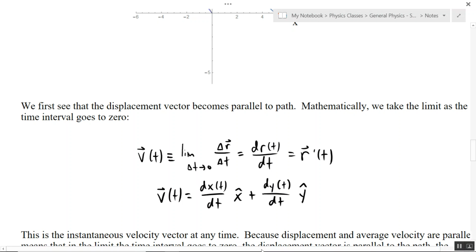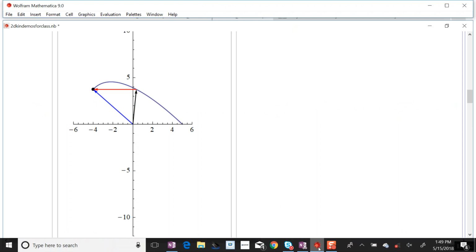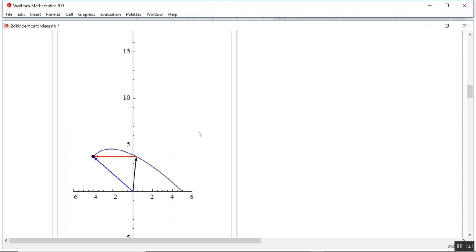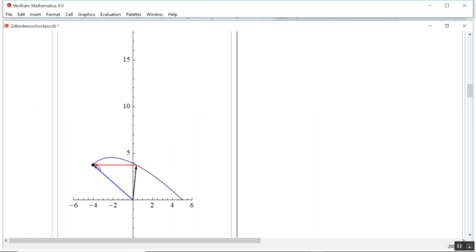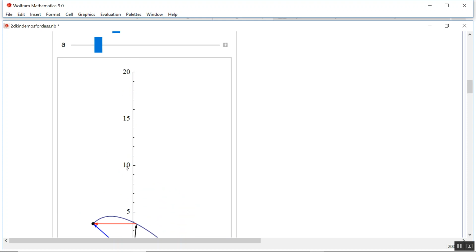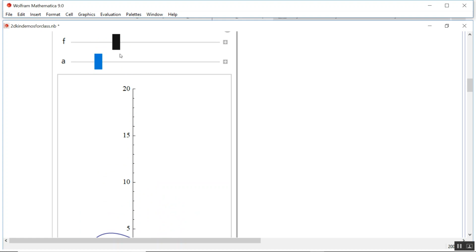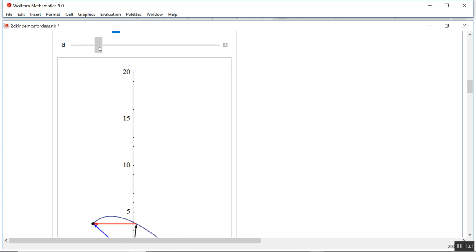Now, if you zoom in on this, let me show you something here. I'm going to make these two points really close together and try to see what happens to the red arrow. Here, they're pretty far apart, right?